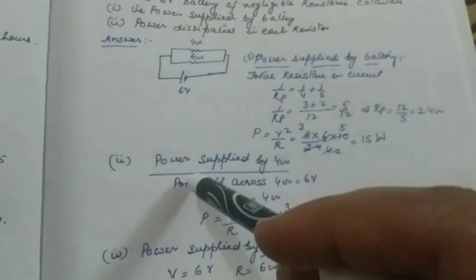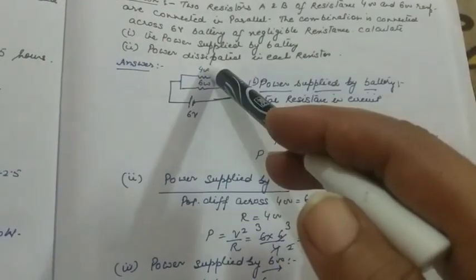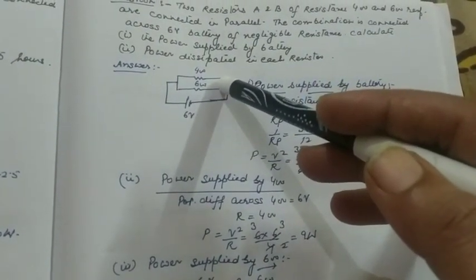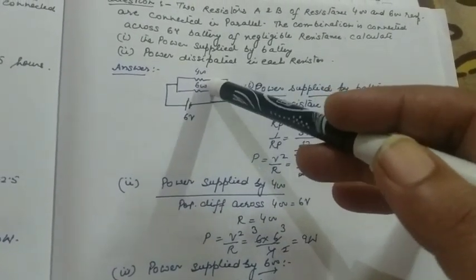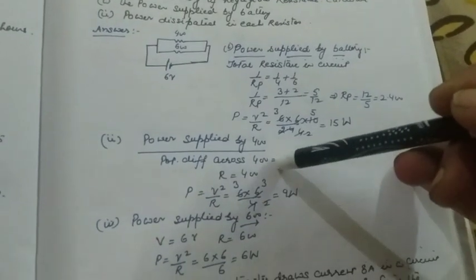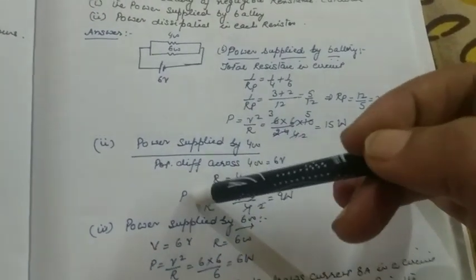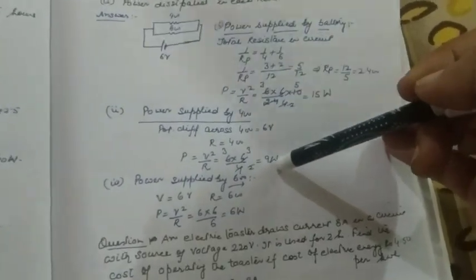But now individually we have to find the power supplied by the 4 ohm resistor, so we require the individual information. As both are connected in parallel, and in parallel voltage will be the same, the voltage across 4 ohm is 6 volt, and the voltage across 6 ohm is again 6 volt. So using voltage 6 volt, resistance 4 ohm, and the formula P equals V square upon R, we get the answer 9 watt.